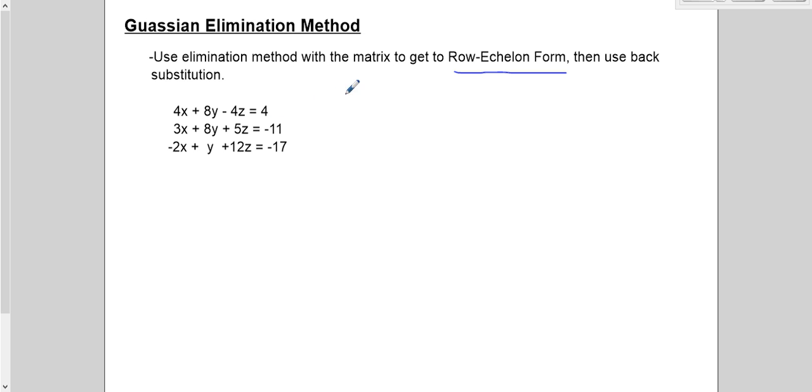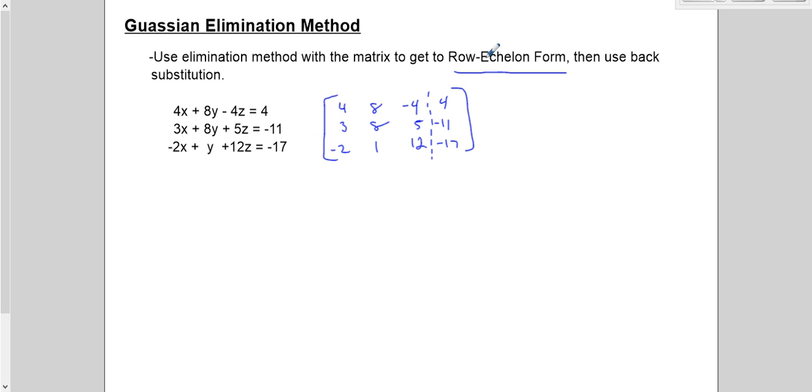So when we look at this, I'm going to write this out, and I have 4, 8, -4, and 4. 3, 8, 5, -11, -2, 1, 12, -17. Okay, and I can put that dashed line there, and that shows me where the equal sign is.